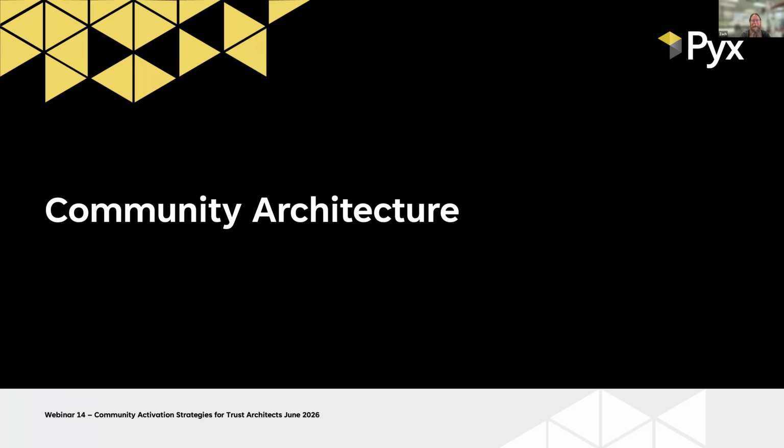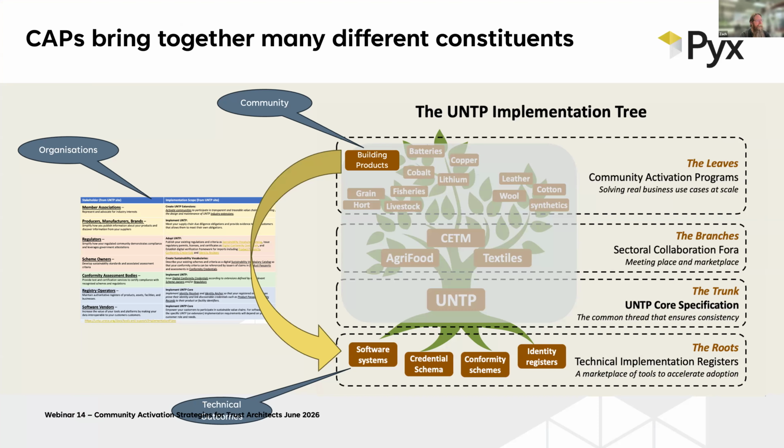That's all high level, but when you're building a community activation program, what are you actually putting together? The core idea here, and I'm bringing back our UNTP implementation tree, is that a community of businesses and different types of organizations get together to build technical outcomes that meet the needs of that constituency.